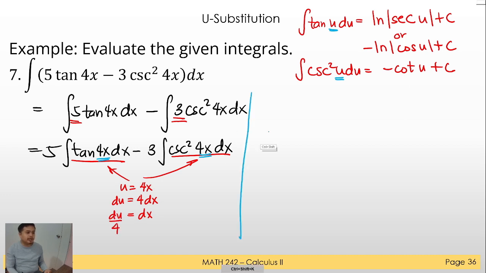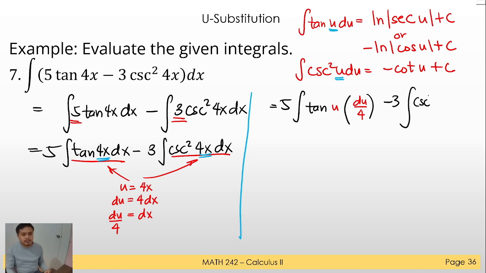So changing this up again, this will be equal to 5 the integral of tangent u, and then dx is du over 4, minus 3 the integral of cosecant squared u, and then we have du over 4 as well. And then simplifying this, factoring out first the constants, so that is also important.